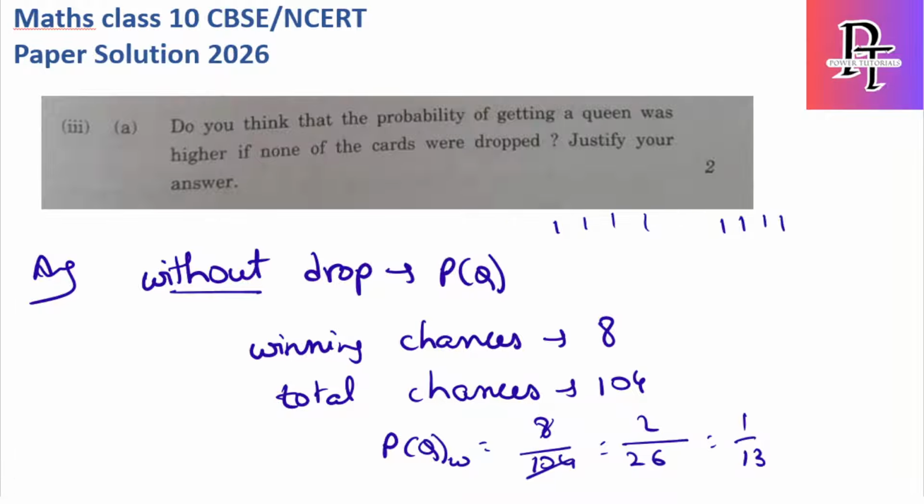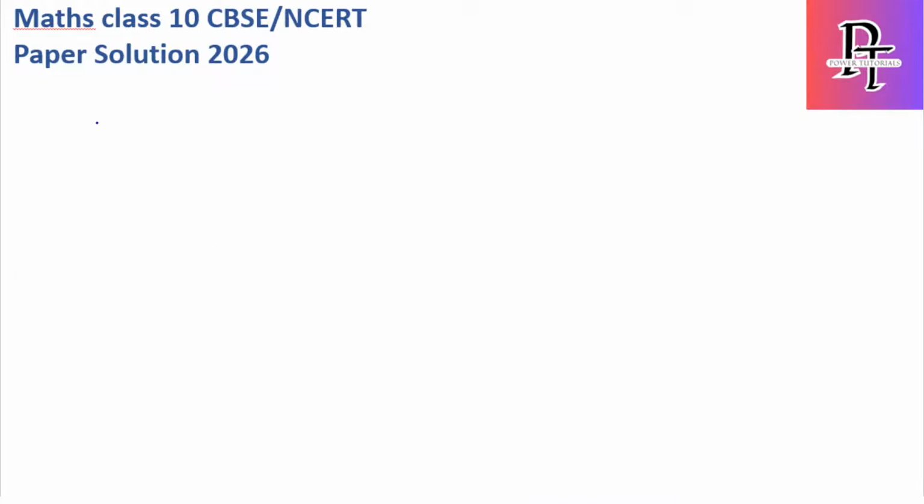Now let's write with drop. So now with drop, P of Q again, total chances.